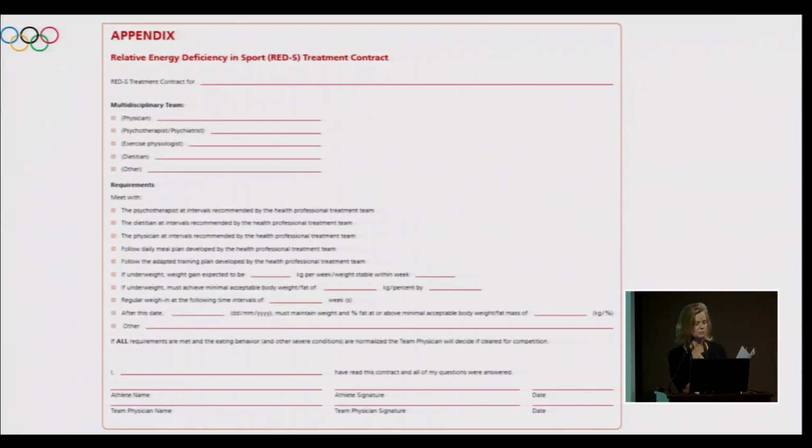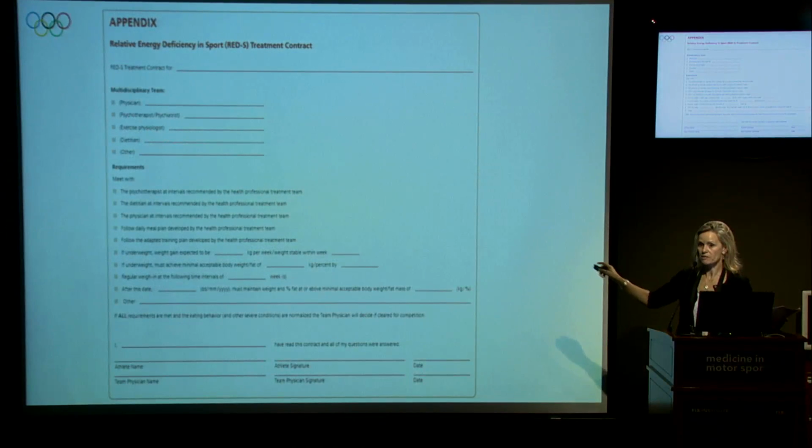What I've added to the back is the end of the clinical assessment tool. There is an example of the athlete contract, a REDS athlete contract, that physicians can actually download, print, and have the athlete sign. Now it's difficult to read, I know, because it's small, but it is at the top. It's physician driven, but the components of the treatment team are listed there by name.